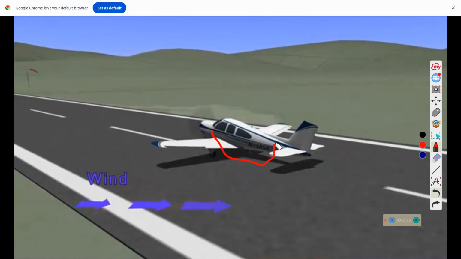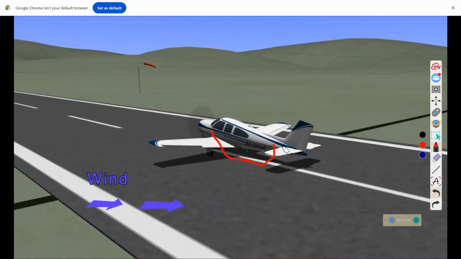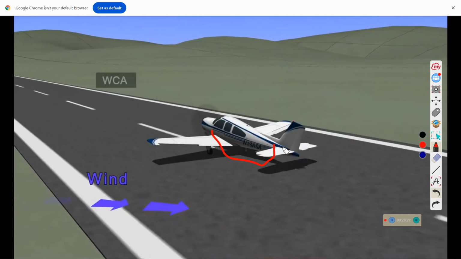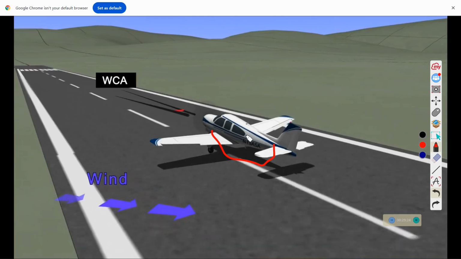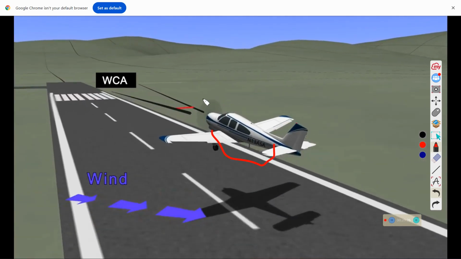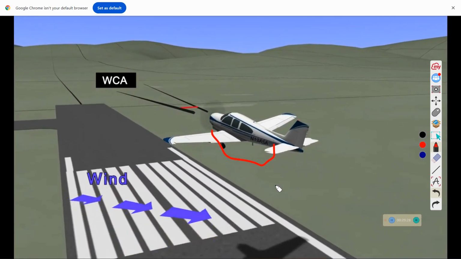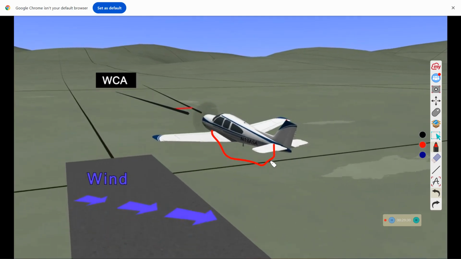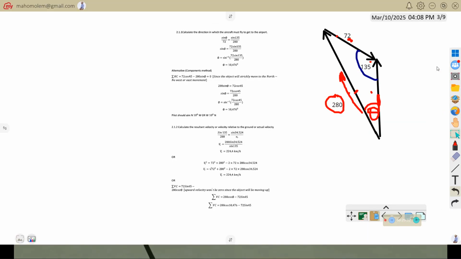Then once it starts to lift, the speed decreases, and the angle and the direction of the movement also change. That is the scenario that we're going to have here, more or less exactly the same thing. The wind will be blowing in this direction.